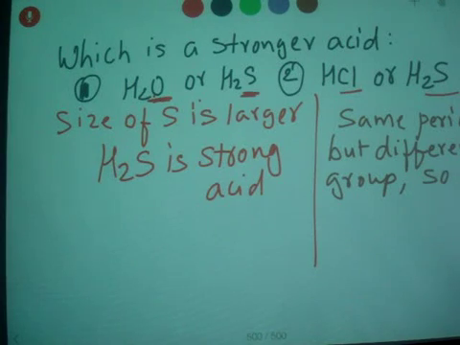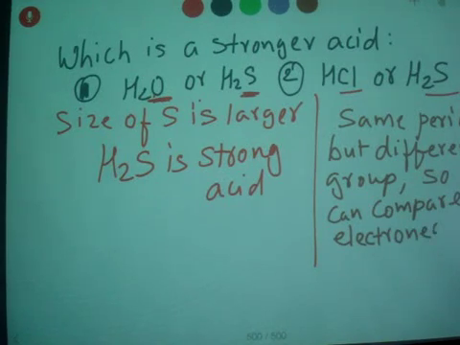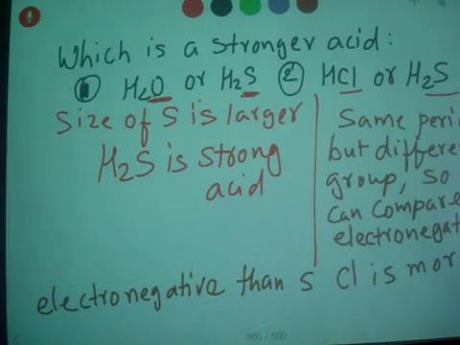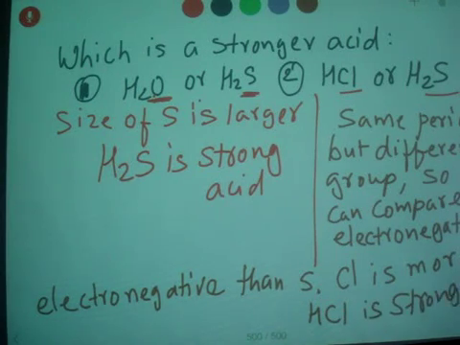So we can compare electronegativity, and we can say Cl is more electronegative than sulfur. So we can say HCl is the stronger acid. So that way you can find the strength of an acid.